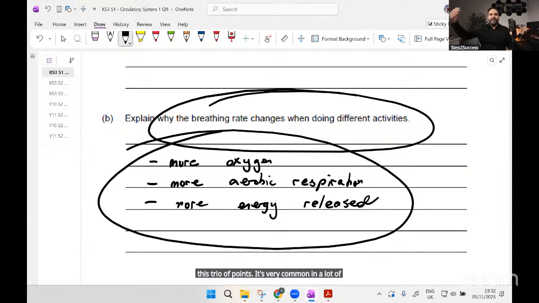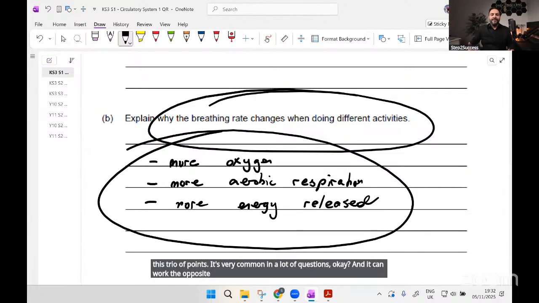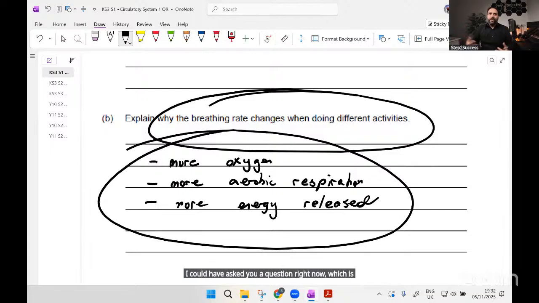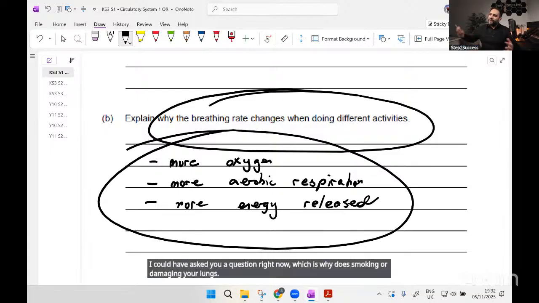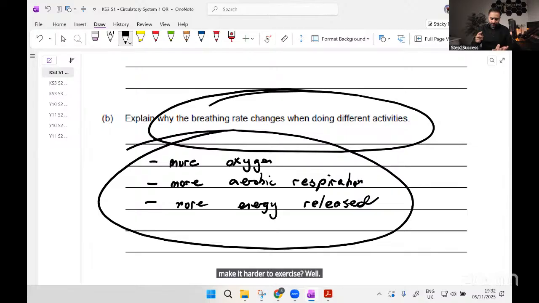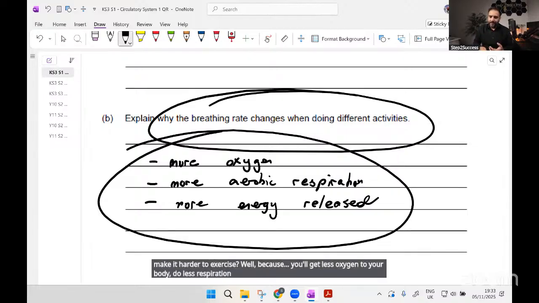And it can work the opposite way. So less oxygen means less respiration, so less energy released. I could have asked you a question right now, which is why does smoking or damaging your lungs make it harder to exercise? Well, because you'll get less oxygen into your body, do less respiration, and release less energy, which makes it harder to exercise. It's very typical.